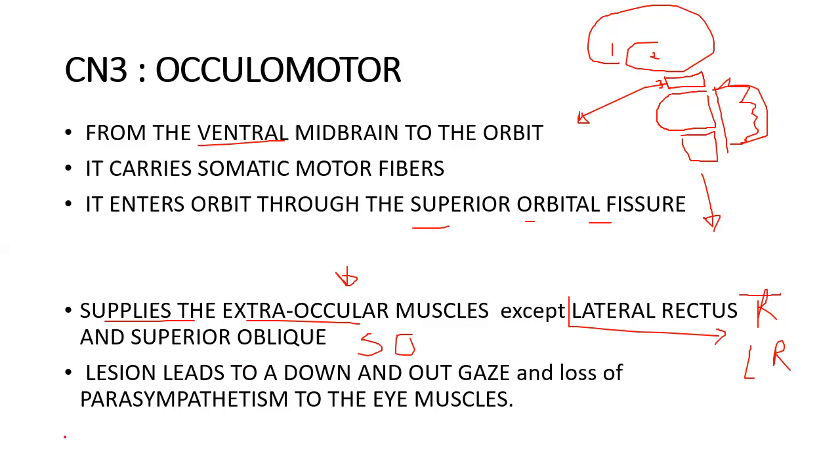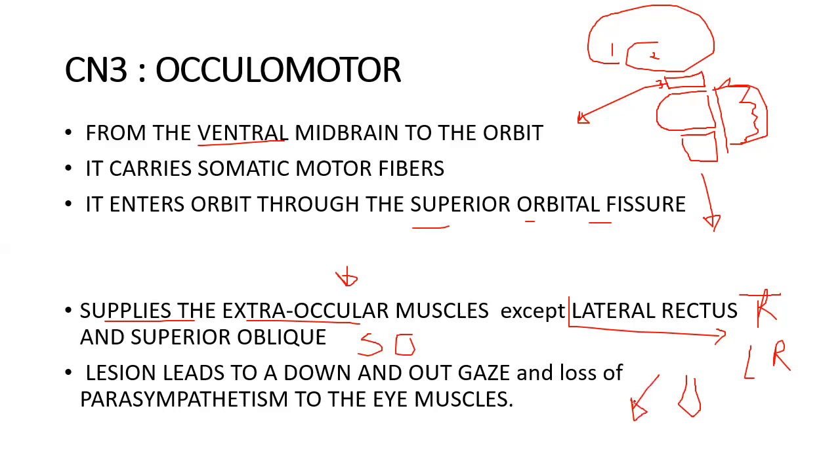A lesion of this nerve leads to a downwards and outward gaze. We call that a down and out look, right? If this is the nose, your eye will be looking down and out, like you're looking at your hands.